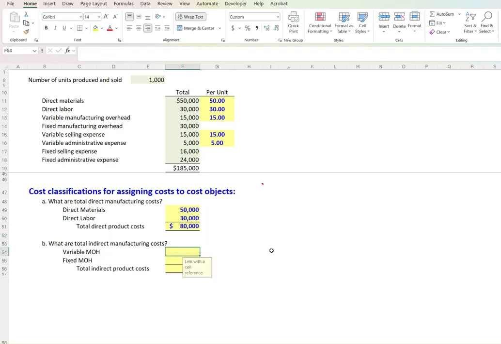Our indirect manufacturing costs are our variable manufacturing overhead of 15 and our fixed manufacturing overhead of 30. We can't trace our manufacturing overhead to a particular product or unit. We need to allocate it. So we're going to consider those indirect costs, and our total indirect product cost, $45,000.